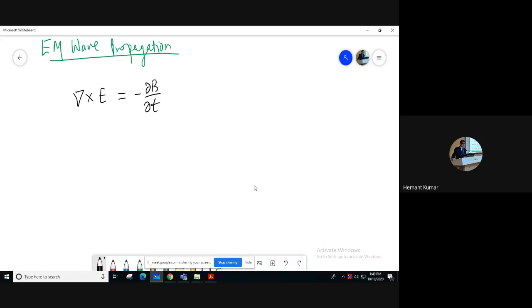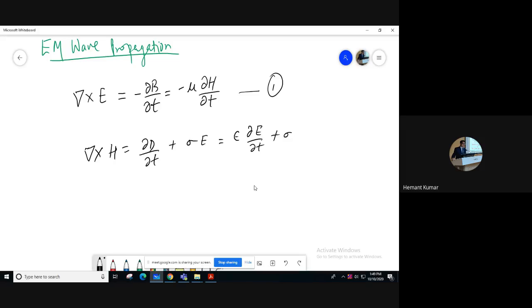This is the one equation, or you can write, because we know B is equal to mu H. This is the number one equation that is very useful. Del cross H is equal to curl D by curl T plus sigma E, or we can write epsilon curl E by curl T plus sigma E. This is equation number two.